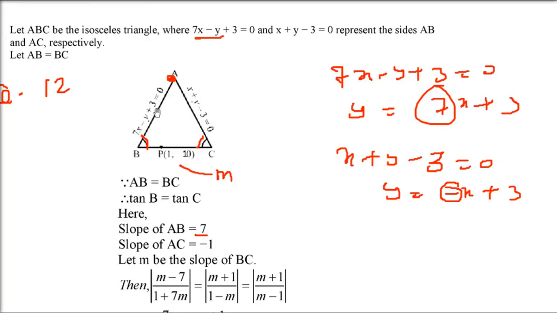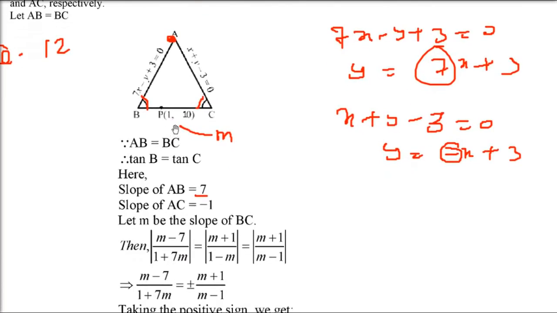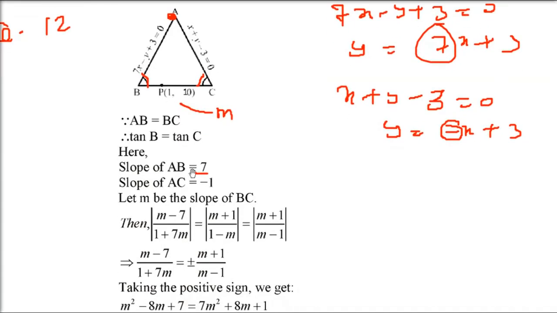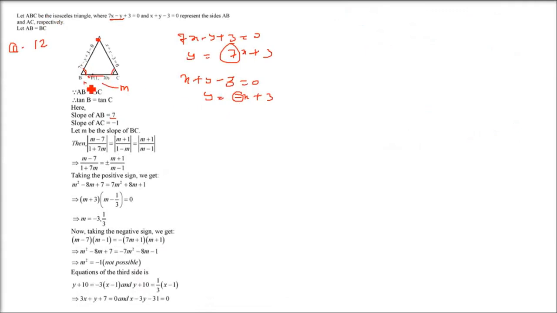Also, the slopes of BC and AC are known, so we can find the angle between them, and we know angle B and angle C are equal. So the angle between AB and BC equals the angle between AC and BC. Take these two slopes, find tan of that angle, and equate it.